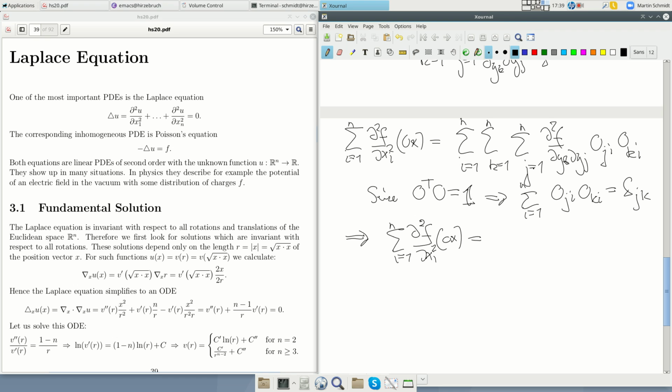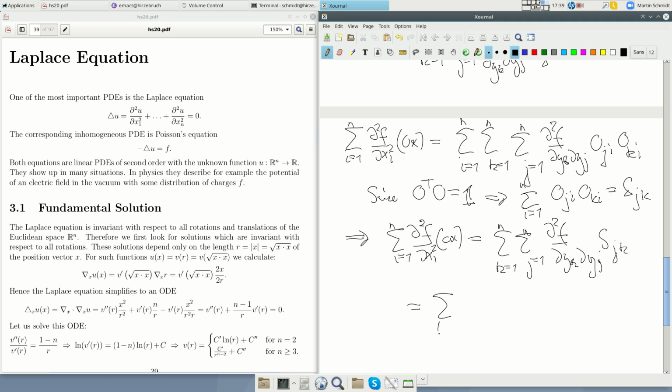Now we can take the sum over the j's, and by this expression, as we calculated, this is sum k equals 1 to n, sum j equals 1 to n, d squared f over dy_k dy_j delta jk. Now we can calculate the sum over j, and get only an expression if j is equal to k.